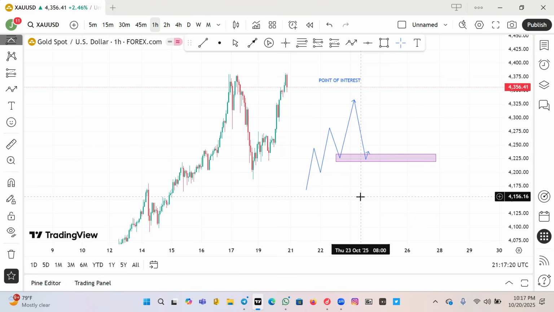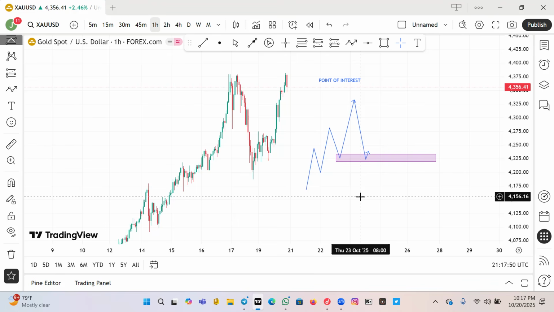There are various confirmation patterns. The ones that Black Jeff uses are: one, bullish engulfing; two, bearish engulfing; three, bullish harami; four, bearish harami; five, morning star; six, evening star.